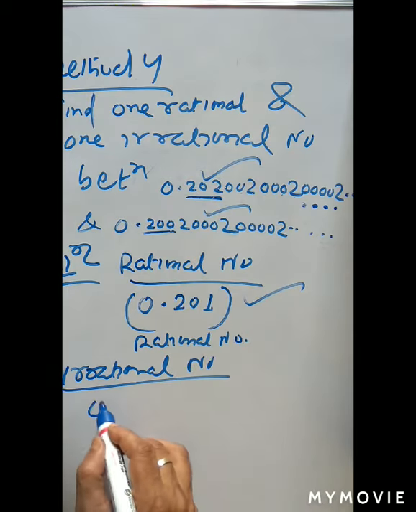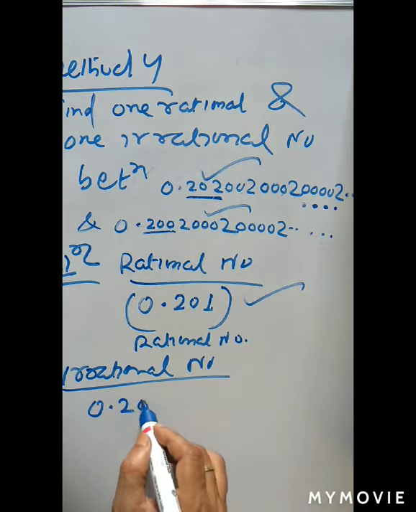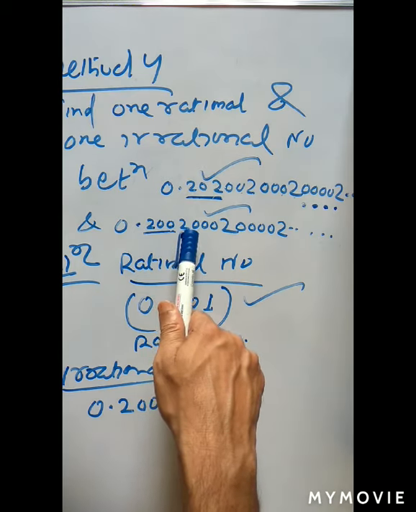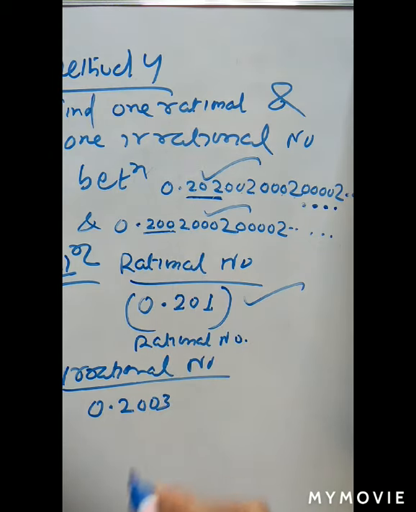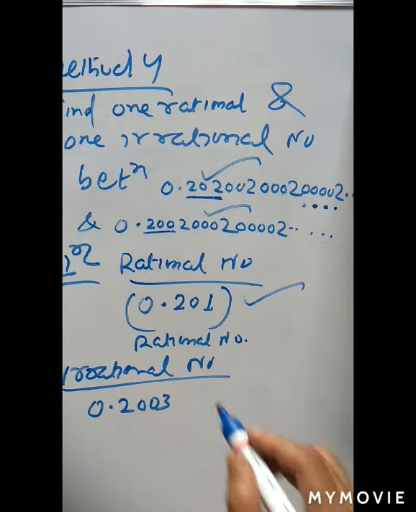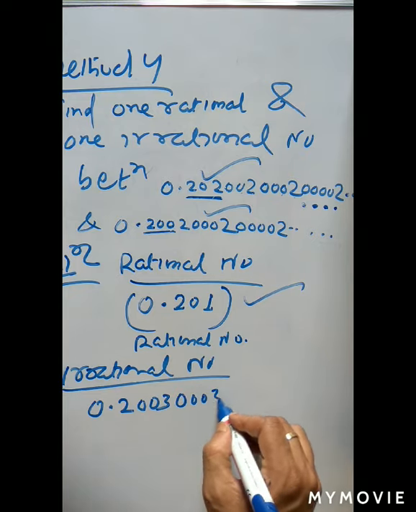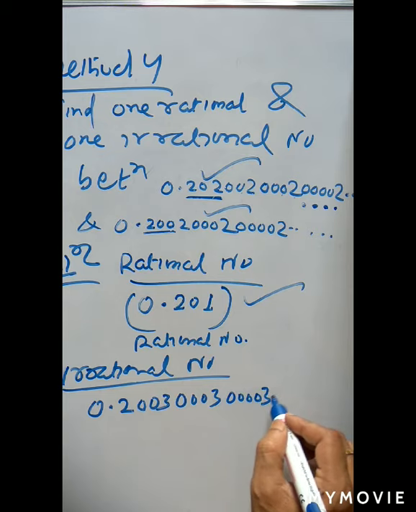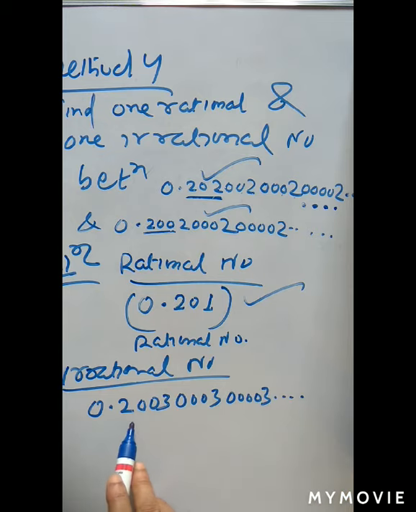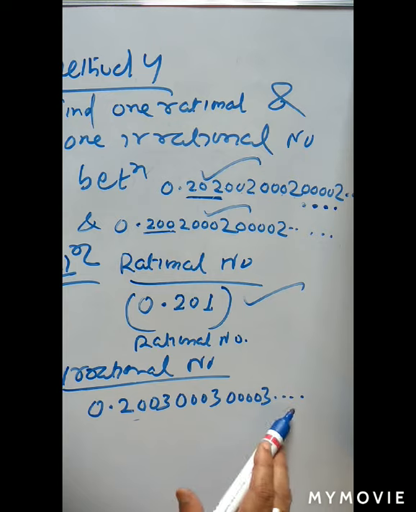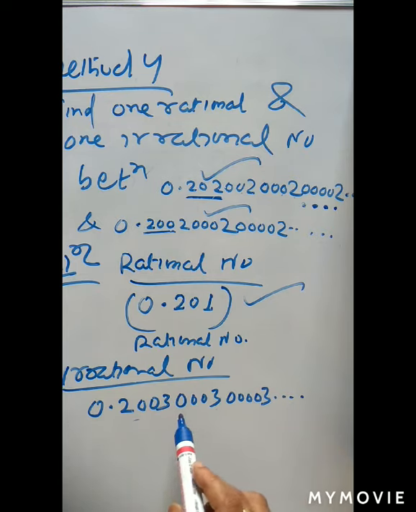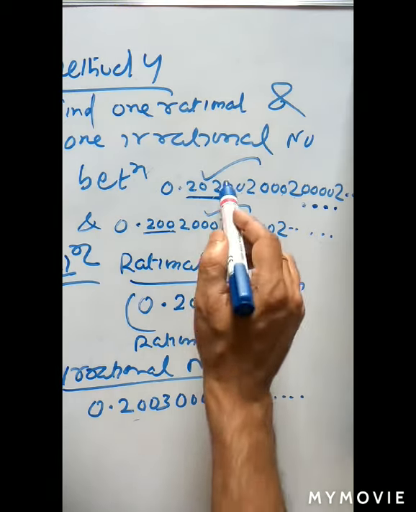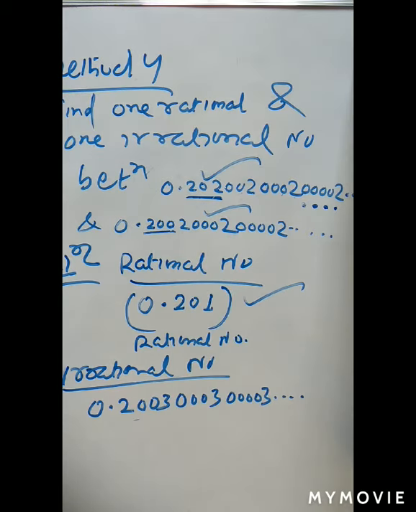So I can choose the number 0.200, just more than 2 is 3. So 0.2003, then 3003, 303, 403 up to this. Now see, this is non-terminating, non-recurring type. So this is an irrational number which is lying between these two irrational numbers. So this is the solution.